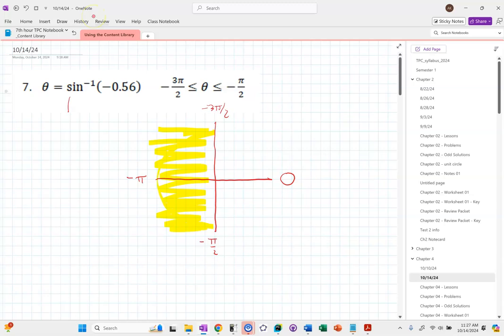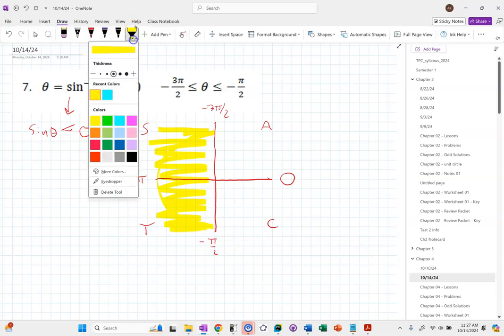Then I go and I look at this piece. This is saying that sine theta is equal to negative 0.56, or specifically just that it's negative. So if I do my all silly turtles crawl, I know that sine then is negative in quadrants 3 and 4.